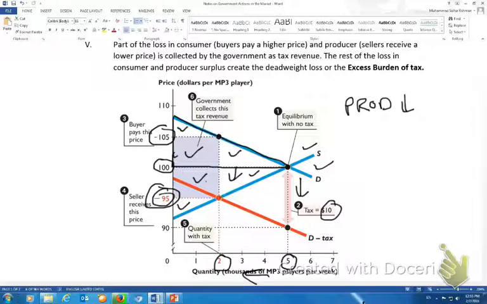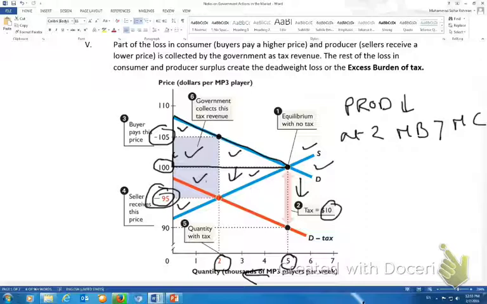Then notice that at the new equilibrium quantity of 2, marginal benefit, which is indicated by how much the consumer is paying, is 105, is greater than the marginal cost, which is indicated by how much the producer is getting, which is 95.